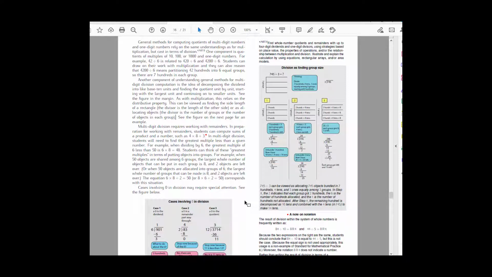They're going to be looking at how division is also modeled using a rectangular array, whereas the multiplication was the area of the array. The divisors would be the length and the width of the array. And the same with an area model.